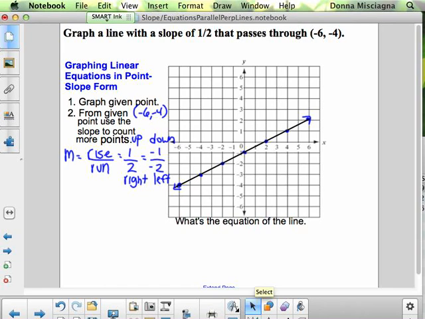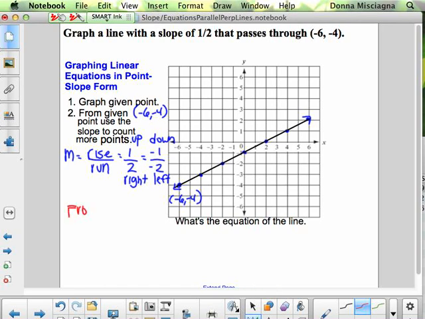And we're going to write the equation of the line. So we have graphed the line. We started off by graphing the point, negative 6, negative 4. And then we used the slope to count out as many points as we could. Now in this case, we could write the equation of the line from the graph.